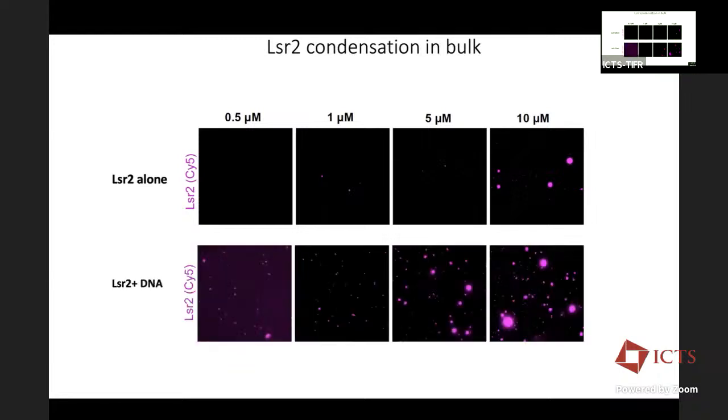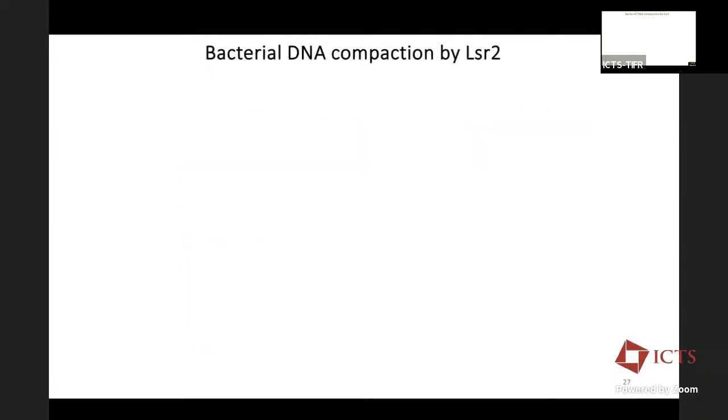Now you add DNA to the solution, which is basically 1.8 kb long DNA, and what you see is that condensates start to appear, these tiny structures, at even a lower concentration, like even at 0.5 micromolar or definitely at 5 micromolar. So clearly DNA is reducing the saturation concentration for these proteins.